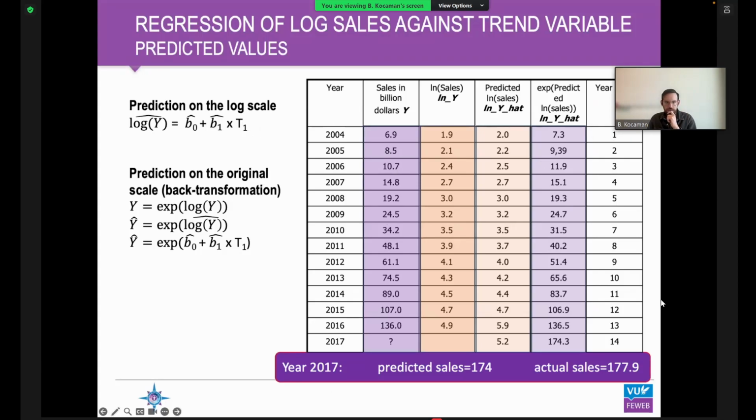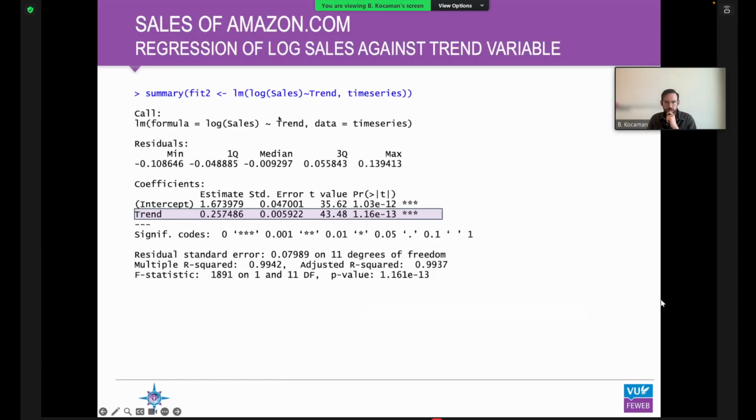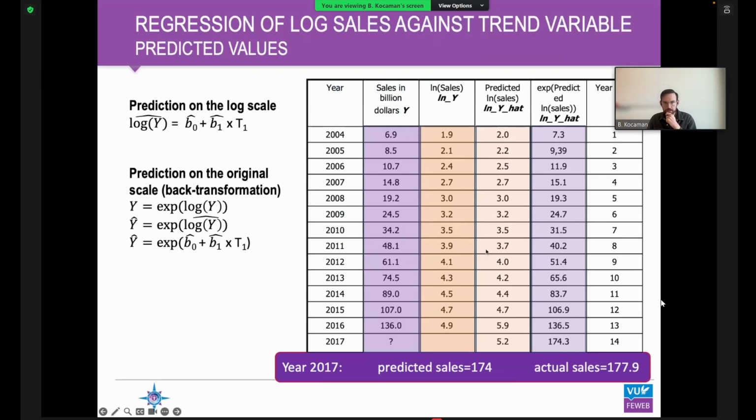So for the first period, this will be 1.67 plus 0.25 times 1, or for the second year, we will say 0.25 times 2 plus the intercept. Okay, this is how you calculate that predicted log sales.